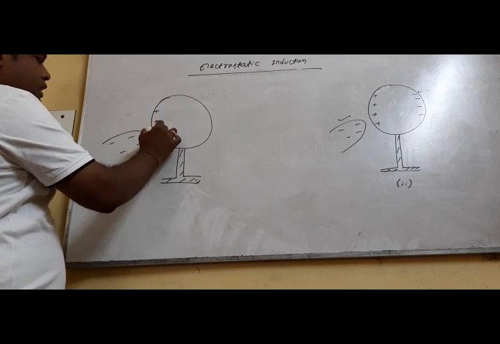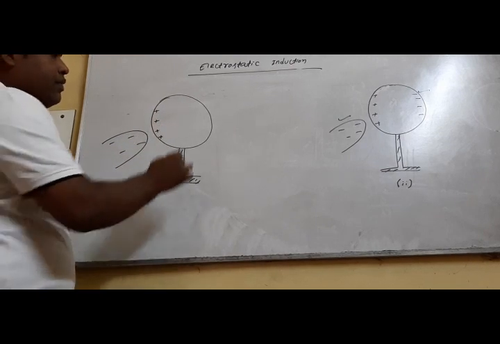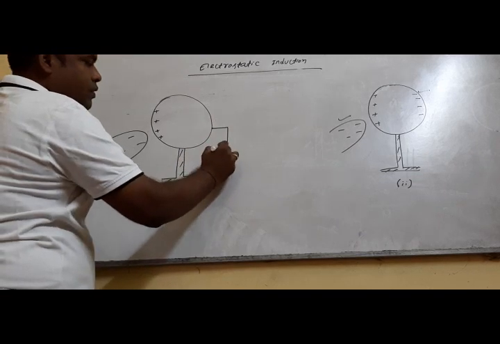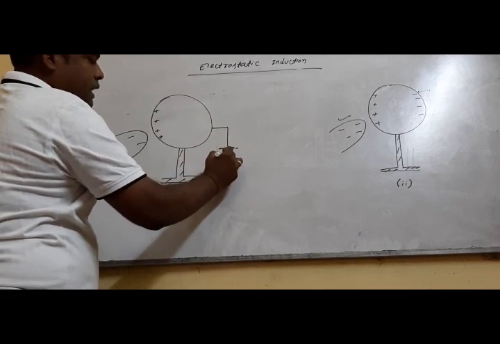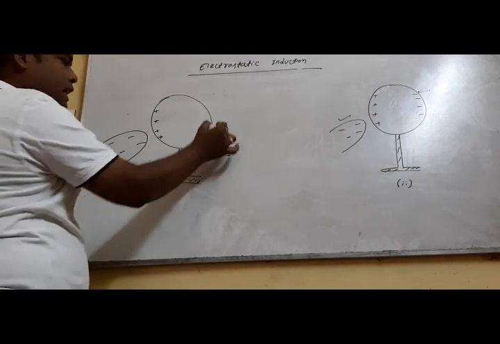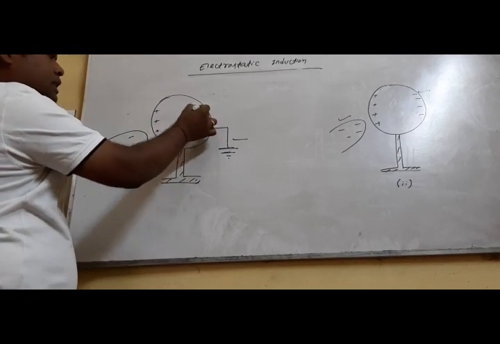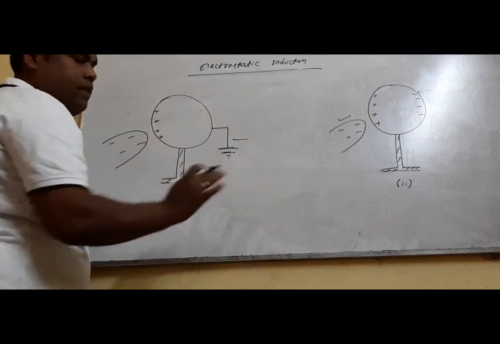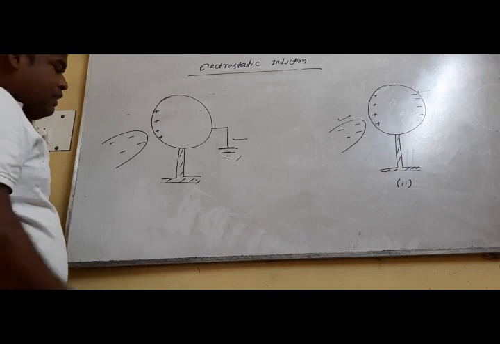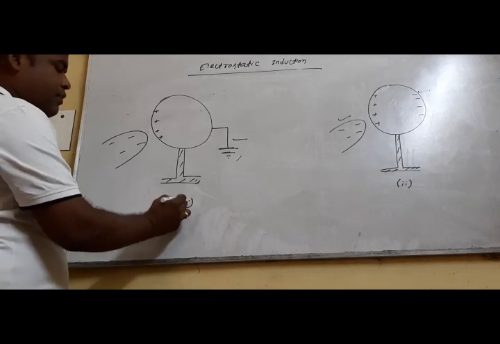Here there is a positive charge and here a negative charge. So I have to earth this. As this side is charged, this negative charge will disappear. This is the symbol of earthing, and it is your third step.